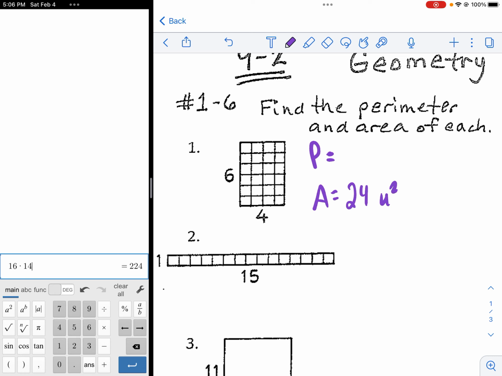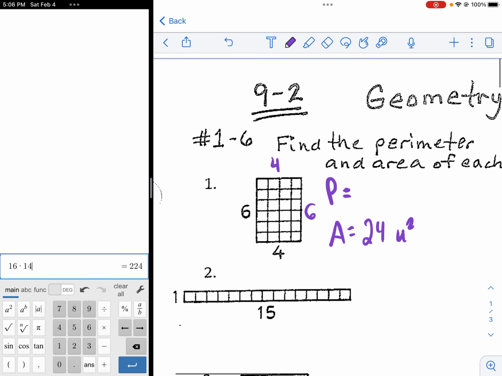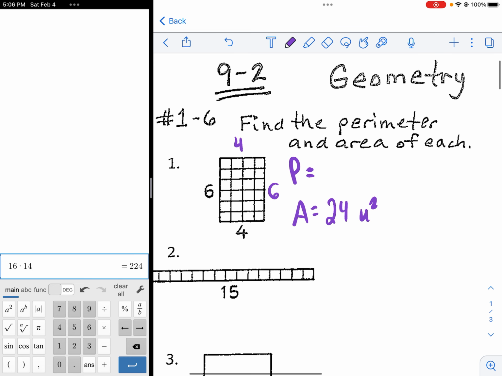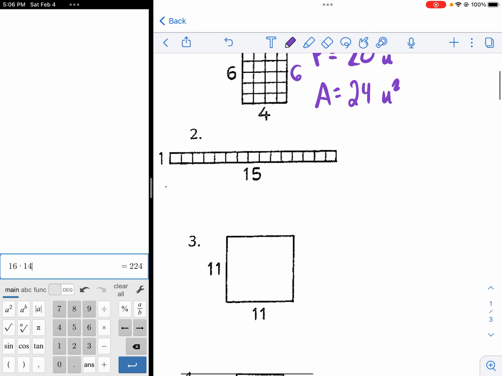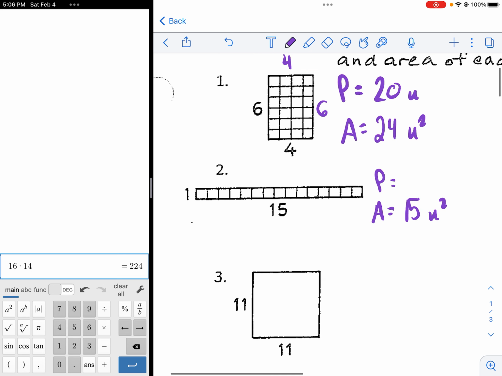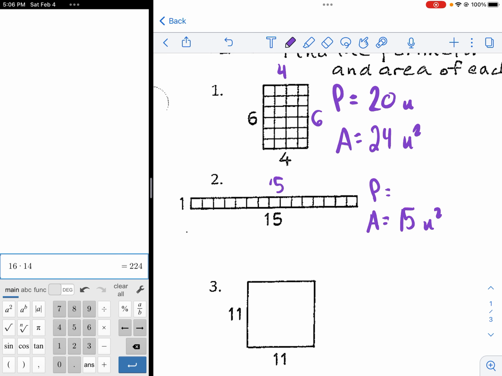Our perimeter would be adding all those sides: 6 and 4, I can even count the boxes, gives me 12 plus 8 is 20 units. Number 2: my area would be 15 times 1, which is 15 units squared. My perimeter would be 15 plus 15 plus 1 plus 1, which is 32 units.